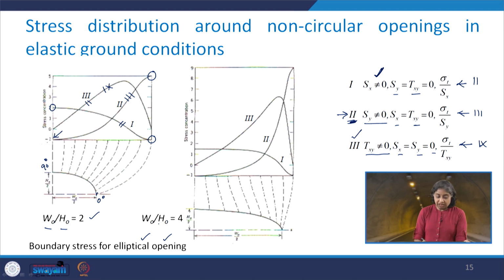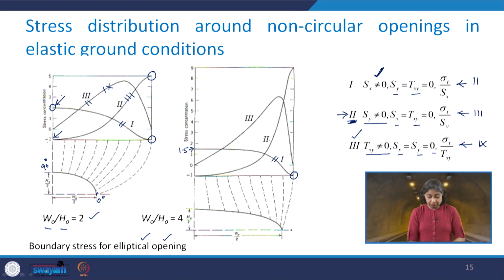For example, just take the same stress state, that is, state 1, case 1. For beta equal to 0, it is -1 here and -1 here. But see beta equal to 90, it is approximately 1.5 here, and here it is 2.